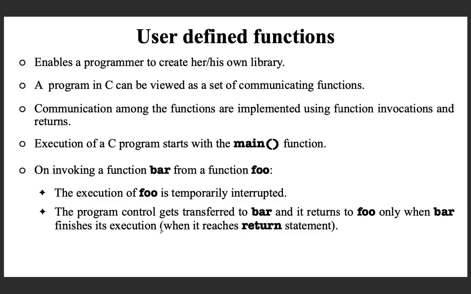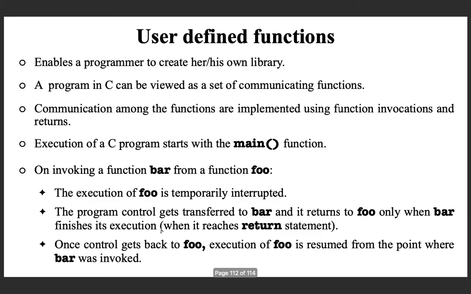That's either when it comes to the last statement or when it comes to a return statement. And once control gets back to foo after executing the function bar, the execution of foo is resumed from the point where bar was invoked. We have seen that in the example. Twice we have called the max function. Once it returns, it goes to exactly that point and resumes the calling function from there.